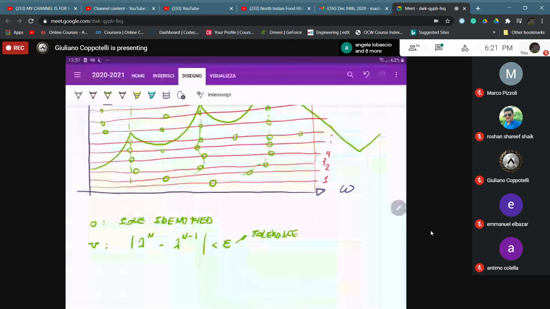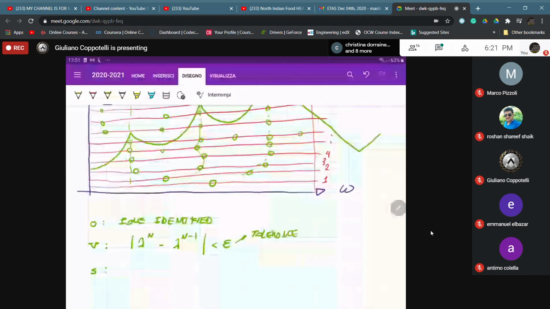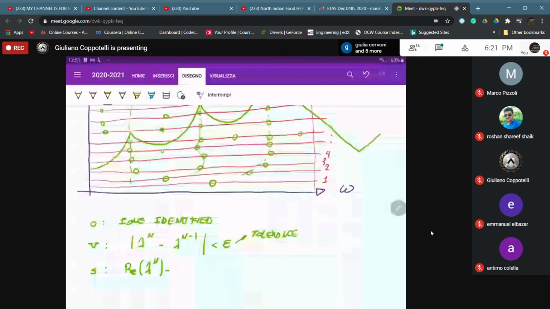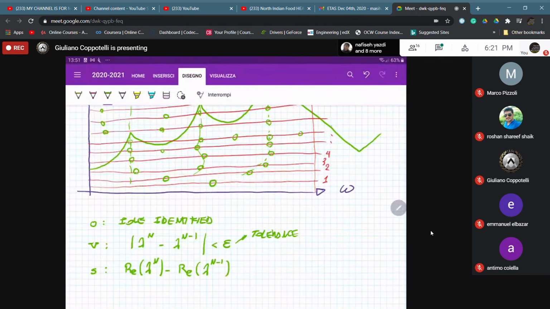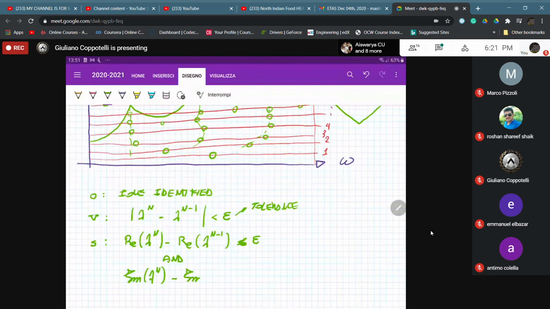Okay, if you are having S, then you are saying that the real part of the pole at the model order n, compared to the real part of the pole at the model order just below, is practically less than the tolerance, and the imaginary part of the same pole compared to the corresponding imaginary part of the pole at the model order below is also less.